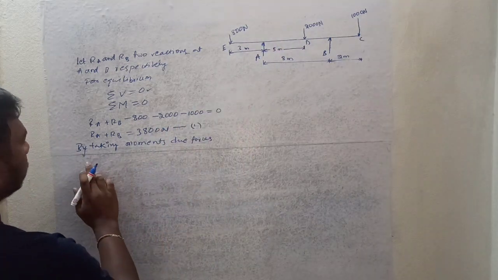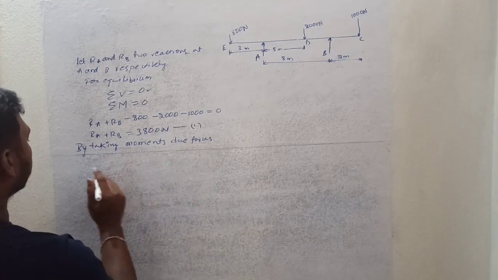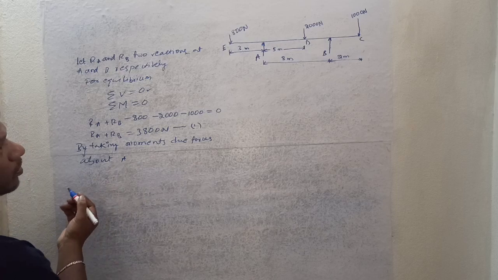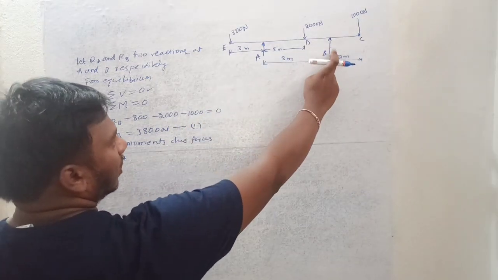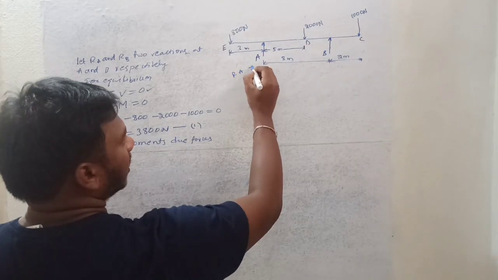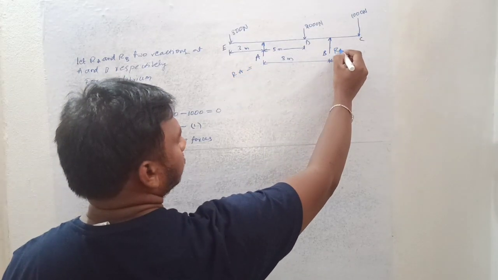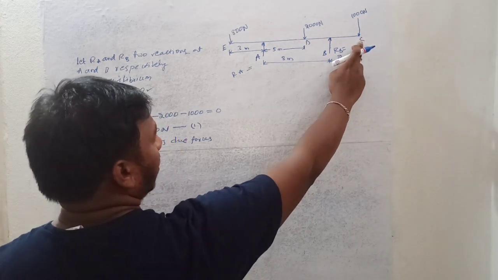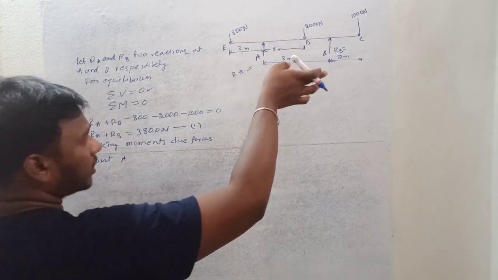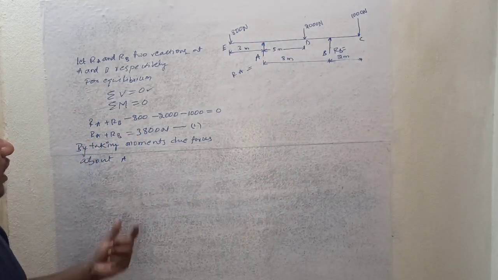By taking moments due to forces about A, one moment will be due to the RB reaction, and moments will also be there due to this point load, this point load, and this point load, that is, due to these four forces.